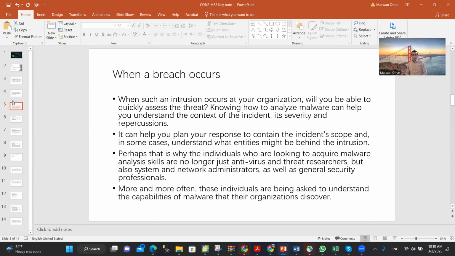It can help you plan your response for recovery, to contain the incident's scope, and in some cases understand what entities might be behind the intrusion.